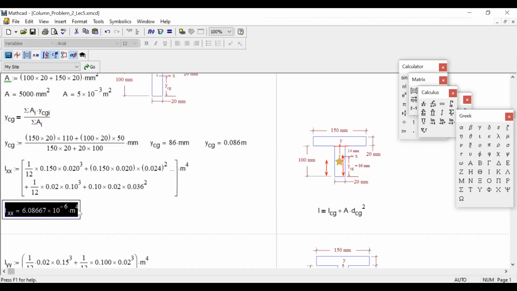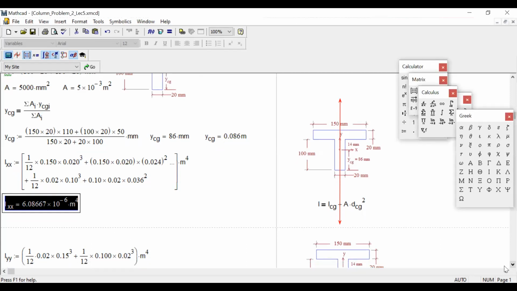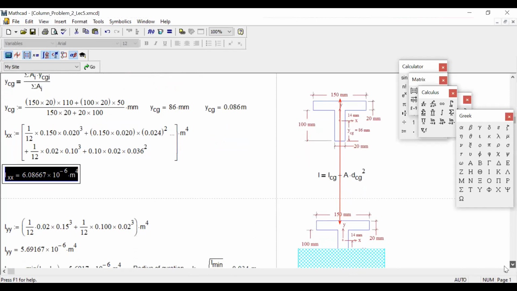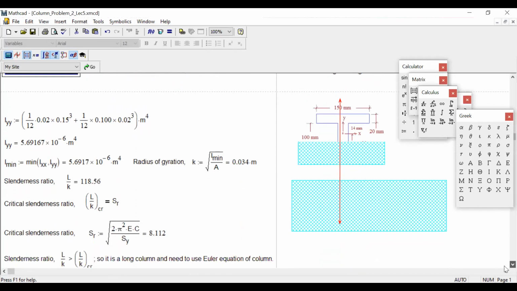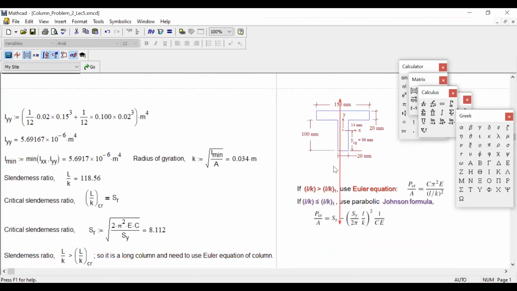Now you need to figure out the IYY. IYY means you need to figure out IYY with respect to this vertical axis. So similarly, we need to work with two areas, the top area and the bottom area. I think I have to figure it again over here. So you see, again you take the two areas.